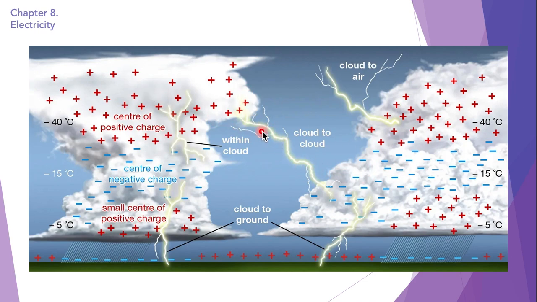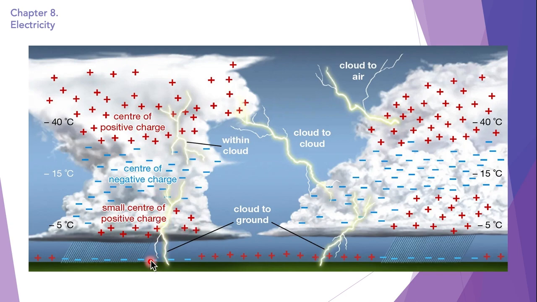Here we can see many examples. Lightning may occur from one cloud to another cloud, or within a cloud, or from cloud to the ground, or from cloud to the air, because air is also a conductor, as it also has ions. If this cloud has positive charge over here and this cloud has negative charge, lightning would flow from this one to here, like this, because opposite charges attract each other.